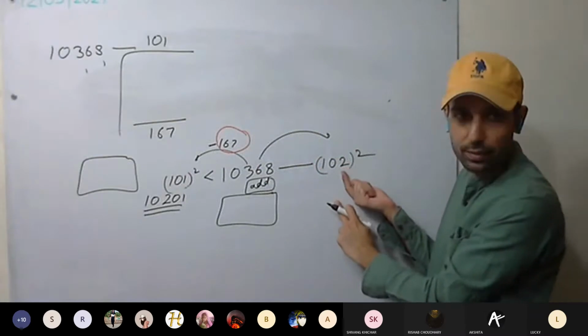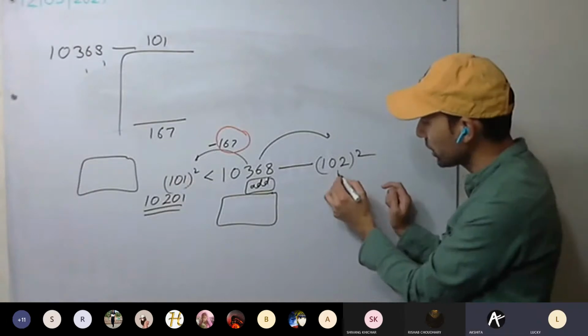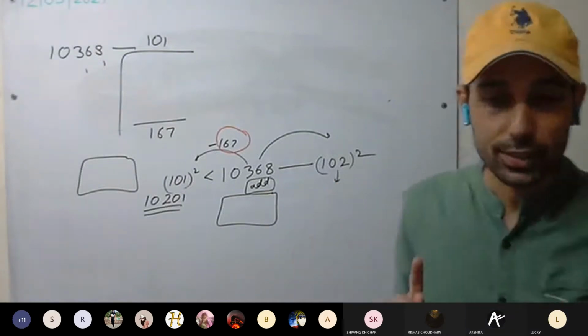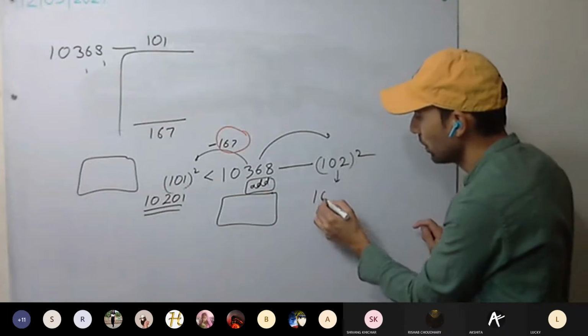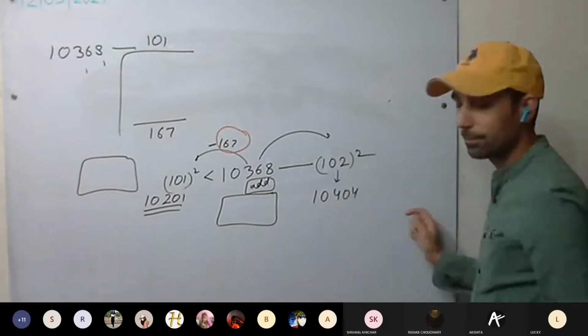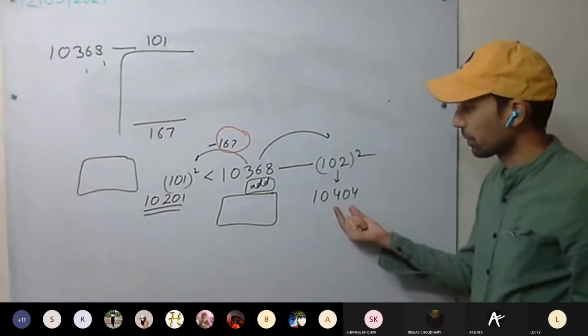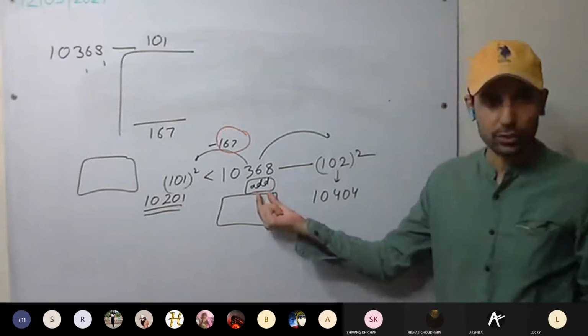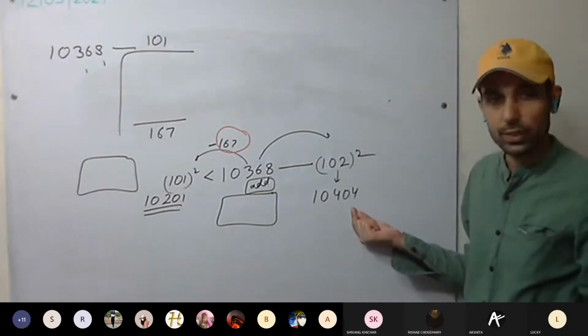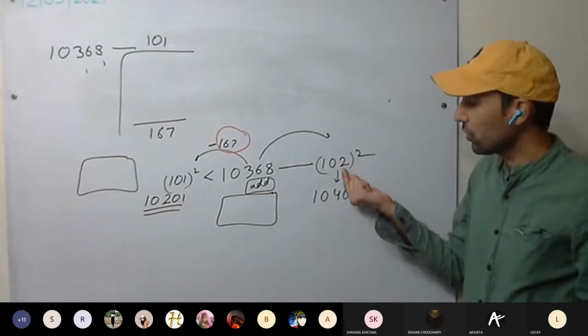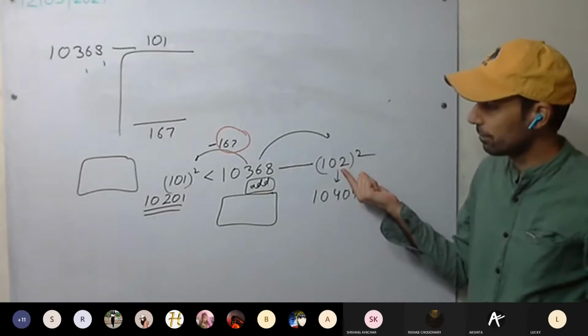Have you understood this? So how much is 102 square? 10404. We must add something to this number so that it becomes 10404, and this is the perfect square of 102. Understood?